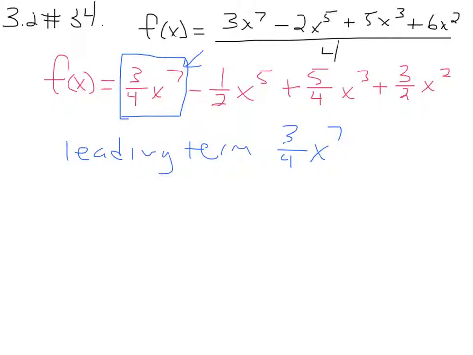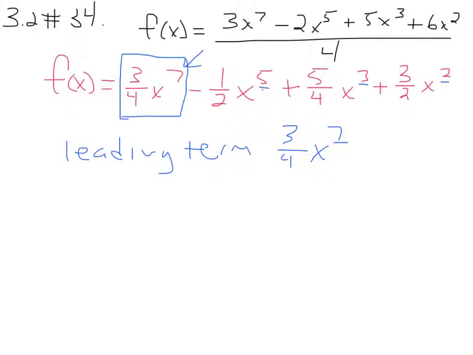As x gets really large, having 7 of them multiplied together certainly is going to dominate over 5 of them multiplied together, or 3, or 2. If x is 100, this is 1 followed by 14 zeros, and this is a 1 followed by 10 zeros. So that's certainly going to be larger.